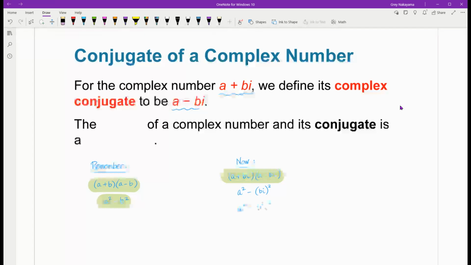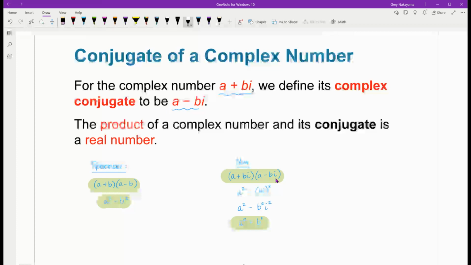And what is i squared? Negative 1. So instead of being a squared minus b squared, it's going to be a squared plus b squared. And the key to this is that now when I multiply complex conjugates, the answer of which is the product, then I always get a real number.